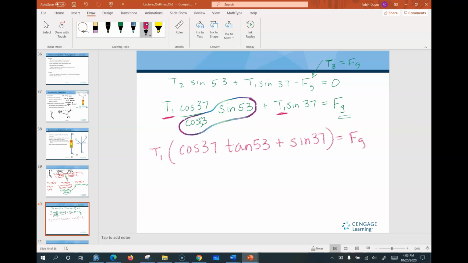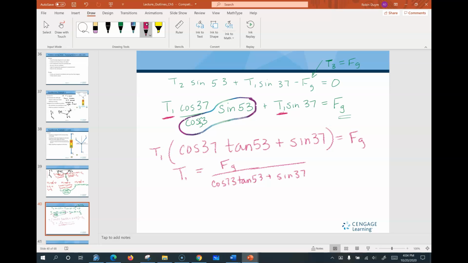So at this point you can just solve for T1 and you get Fg all over this giant expression: cosine 37 tan 53 plus sine 37.